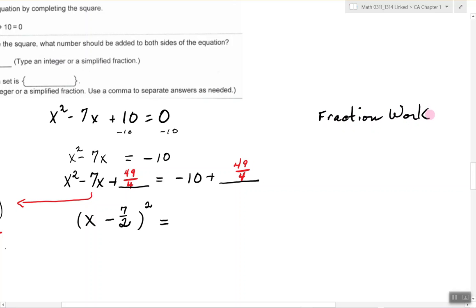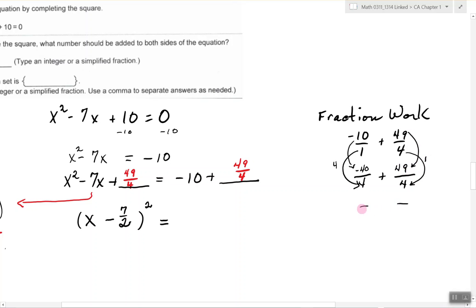I have negative 10. I'm going to put it over 1 plus 49 over 4. I need a common denominator of 4. 1 goes into 4 4 times. 4 times negative 10 is negative 40. 4 goes into 4 1 time. 1 times 49 is 49.